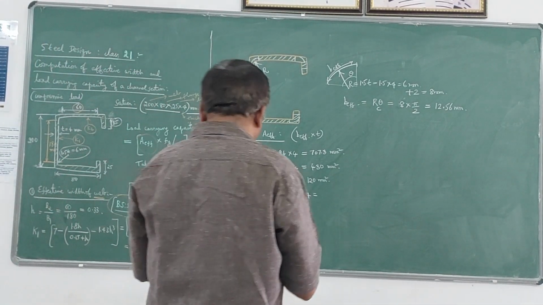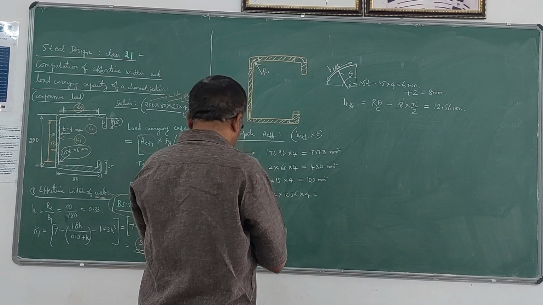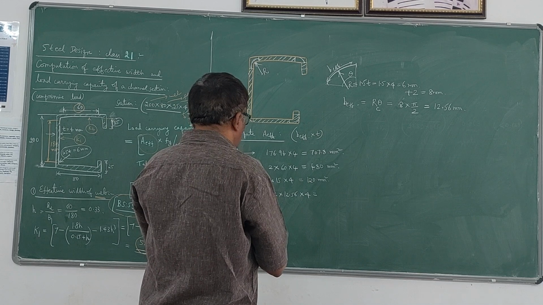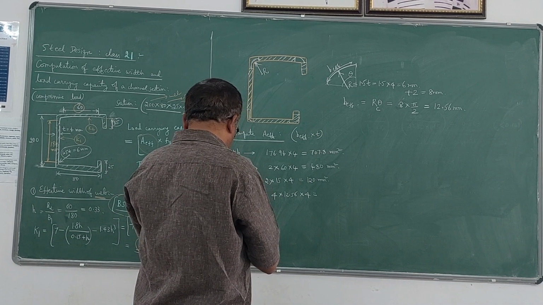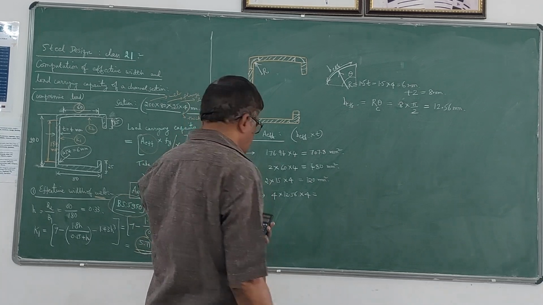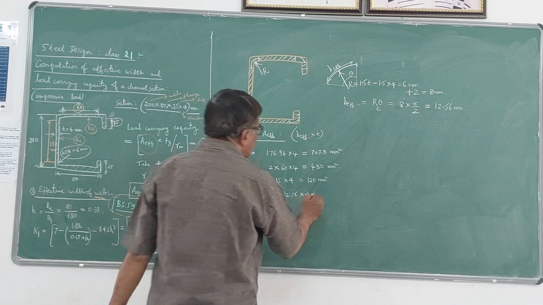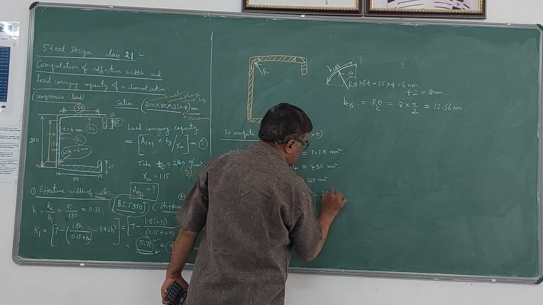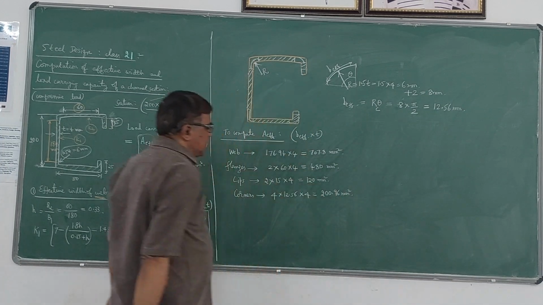So the value here is 16 into 12.56, which comes out to be 200.96 millimeter square. Approximately this is the value.